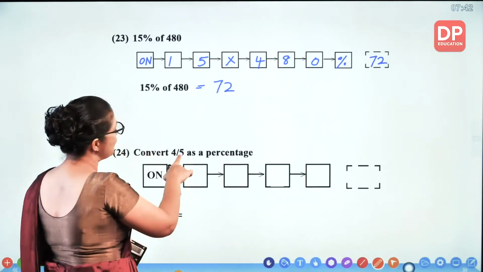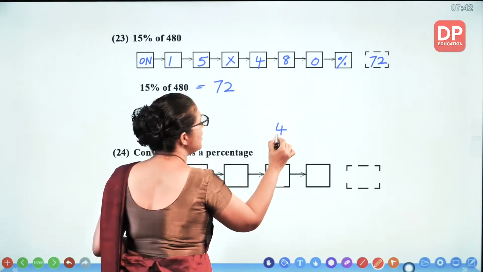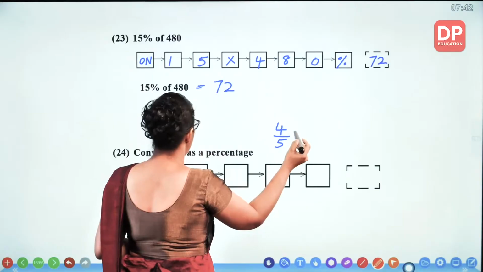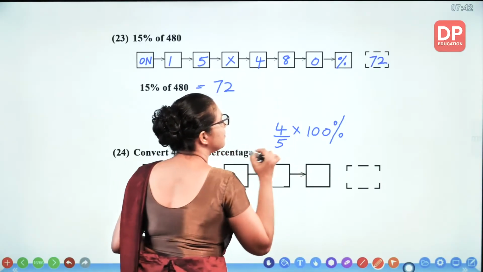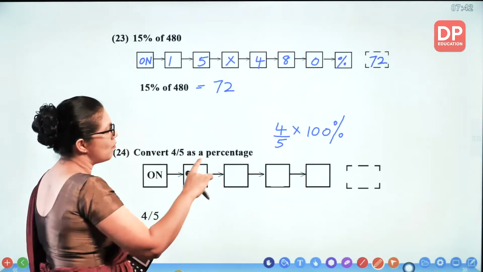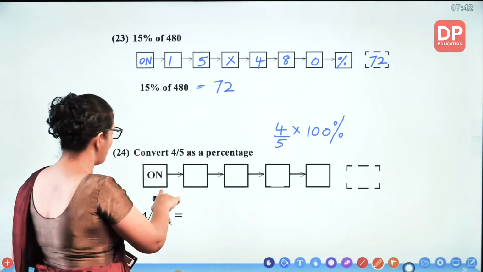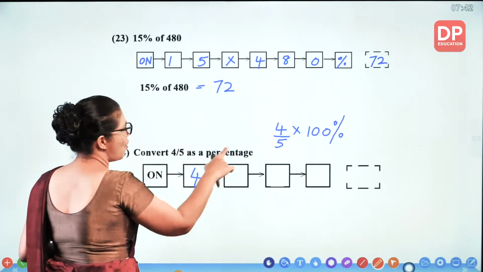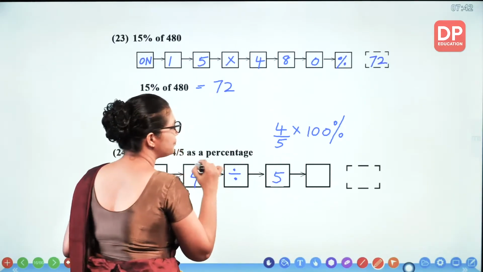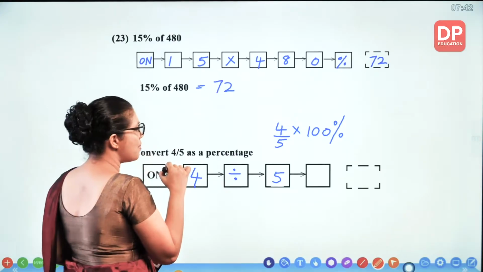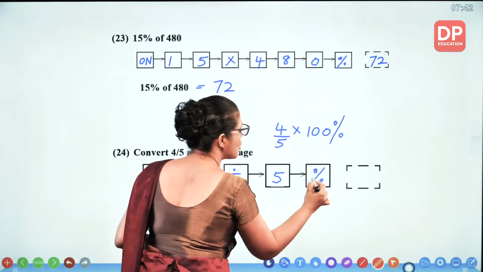Convert 4/5 as a percentage. This is a fraction, so you multiply by 100 and press the percentage sign. That is what we need to do. So 4/5 multiplied by 100. 4/5 means division, so divide 4 by 5 and then straight away you can press the percentage sign.